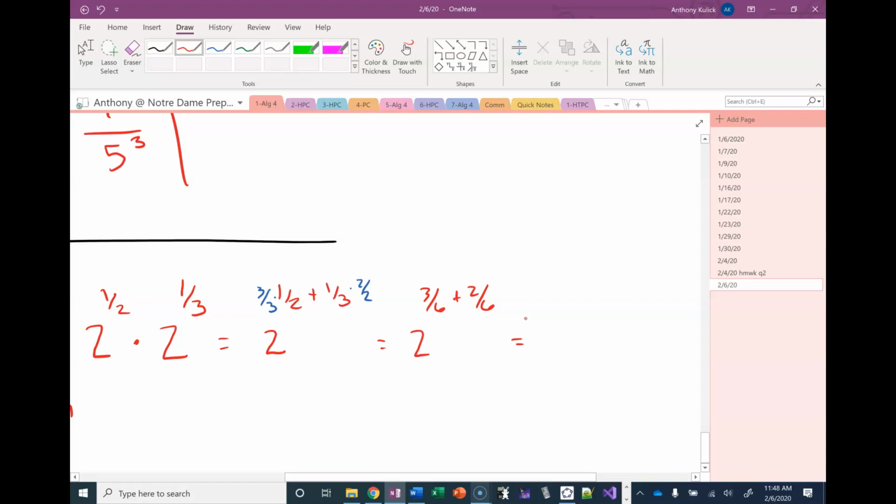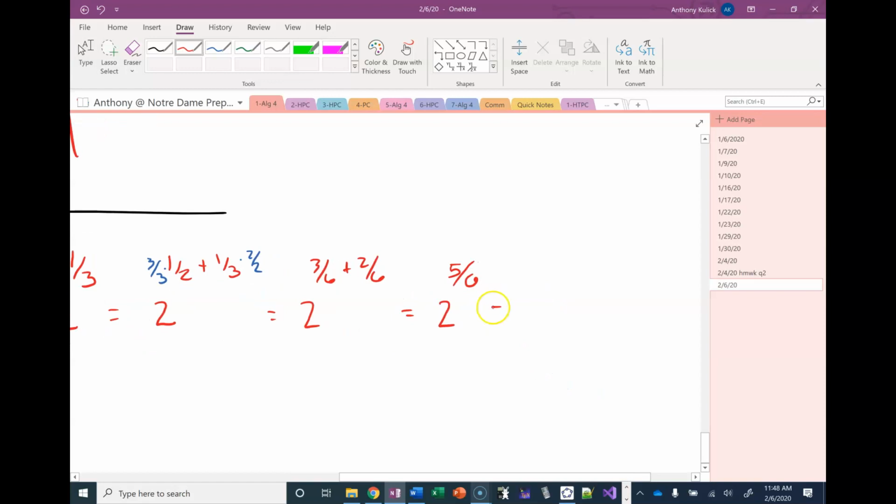And then how do I add the fractions together once we have a common denominator? We add the tops, but the bottom stays the same, right? And now I can put this back into radical form. What would the radical be for this? What kind of root is this?